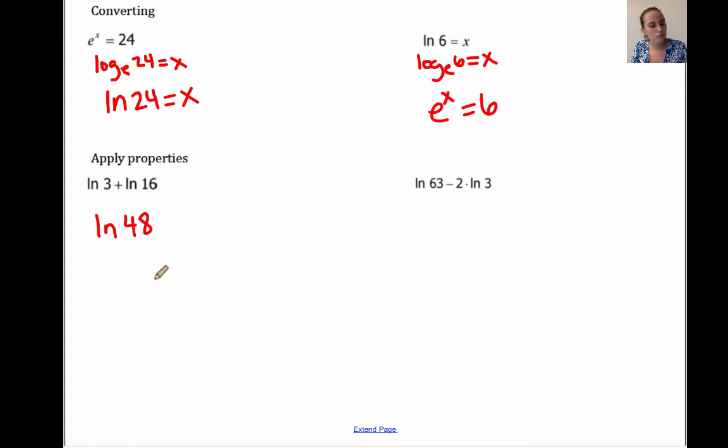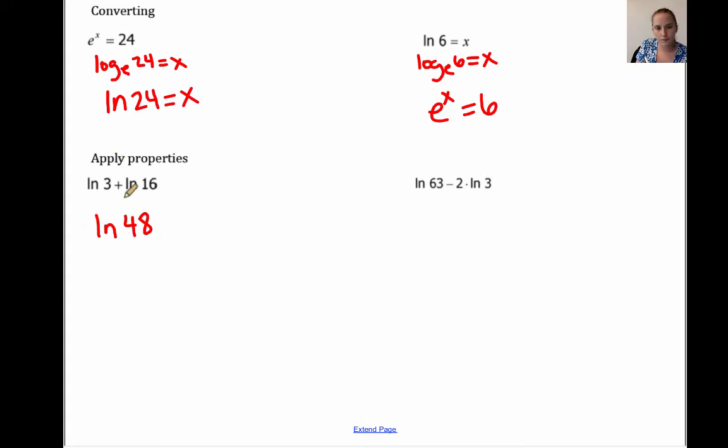In that case, you take your calculator and the ln button is just to the left of the number 4. So you'll see the letters ln, okay? If you press ln 48, right next to the number 4, that's going to give you approximately 3.87. I'll leave it rounded there.